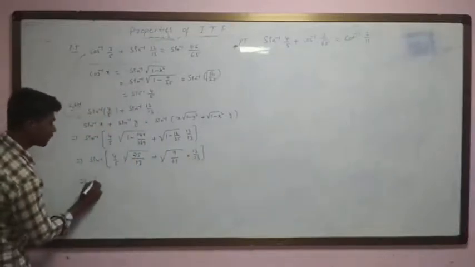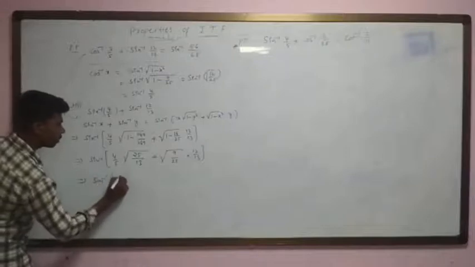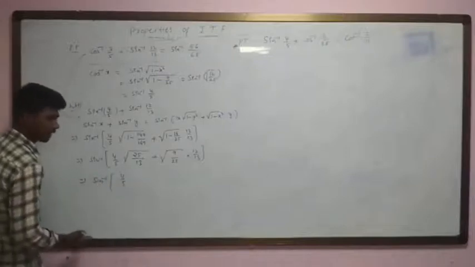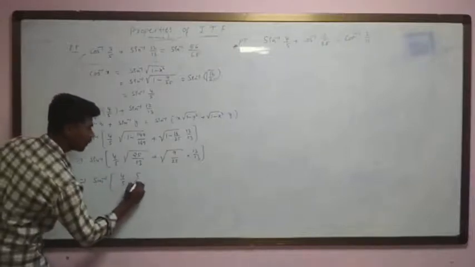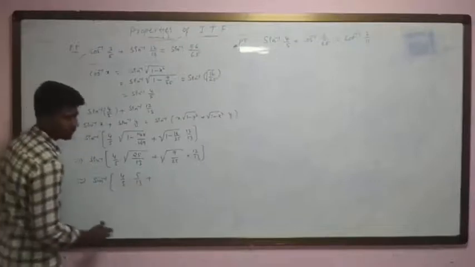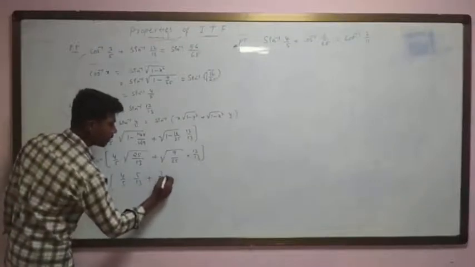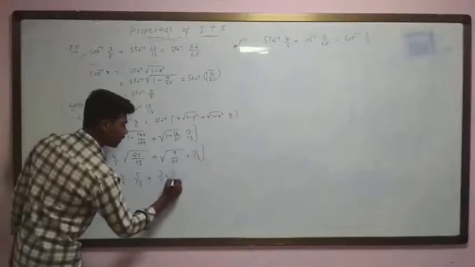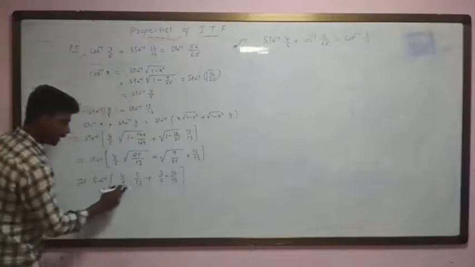Now it can be written as sine inverse of 4 by 5 into 5 by 13 plus 3 by 5 into 12 by 13. No need to cancel this.